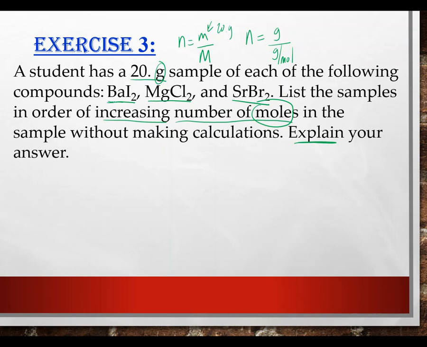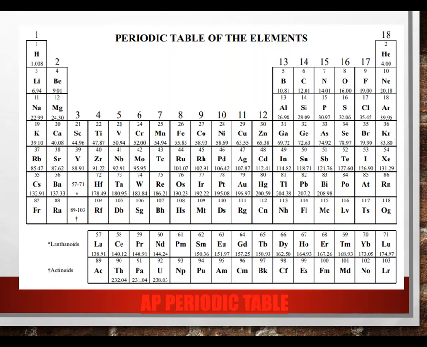If I look at the periodic table for my compounds here, I can get a relative idea of the molar mass. So that's where I need to look now and compare them on the periodic table without actually calculating their molar masses. And if you look here, we have the barium and the iodine, these two together. Okay, so that's our first compound, barium iodide. We have our strontium bromide, that's one of our compounds too.